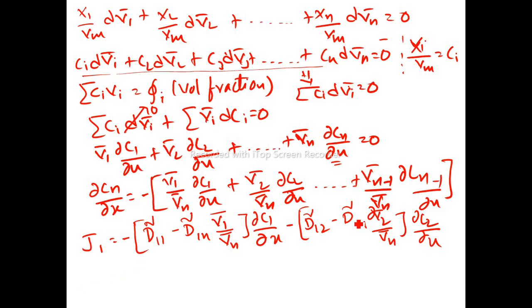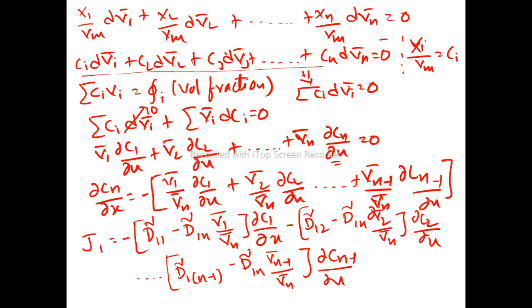Okay, so we can write it up to n minus 1 terms, vn bar, then finally we can write it as into dou x. Correct, this is the equation that we got.